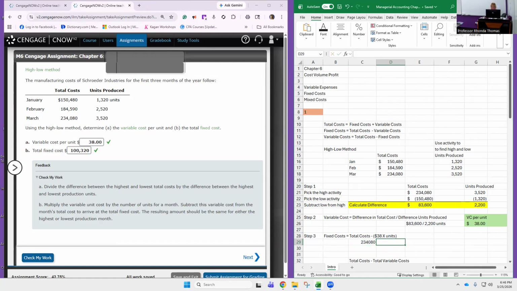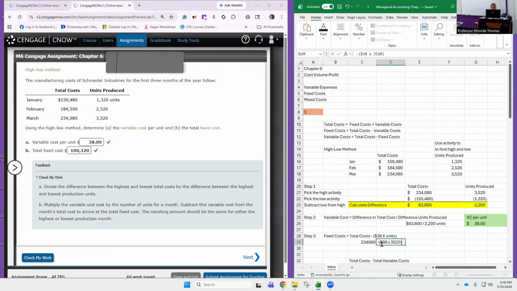Then we're going to subtract $38 variable cost, and we're going to take that times the number of units, which is 3520.